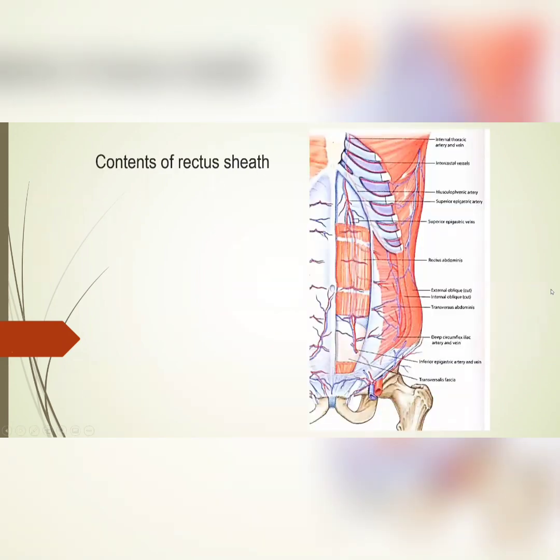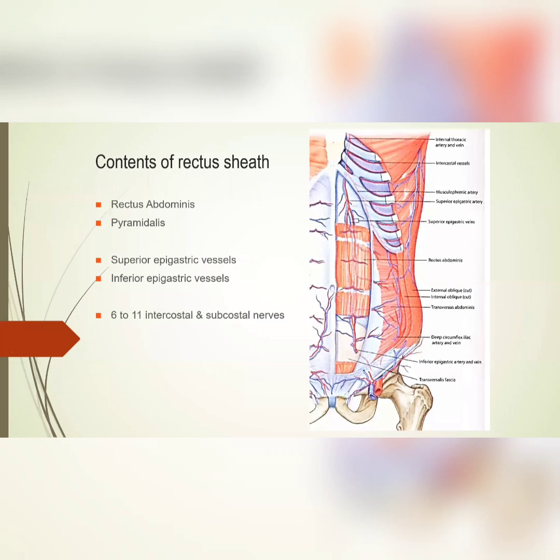So contents of rectus sheath. The muscles are the rectus abdominis and the pyramidalis. Vessels are superior epigastric and inferior epigastric vessels. And the intercostal nerve 6 to 11 and subcostal nerve as well enters into the rectus sheath.